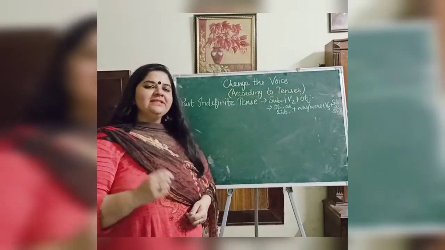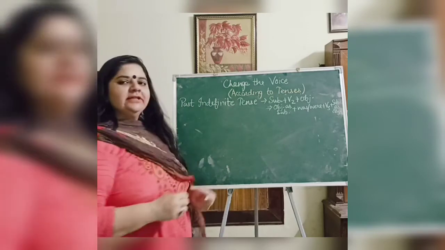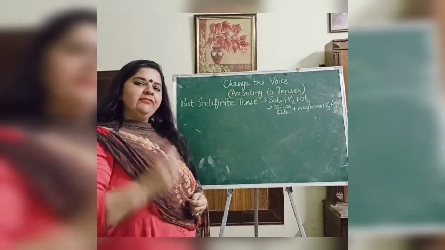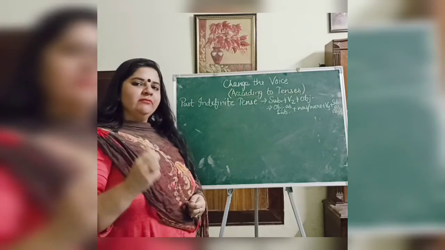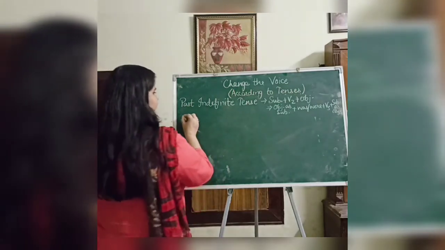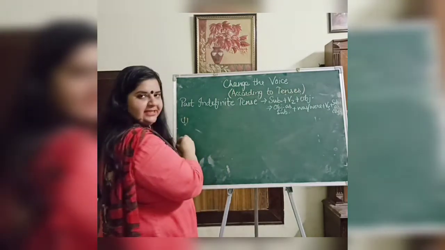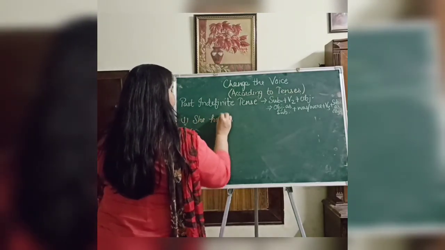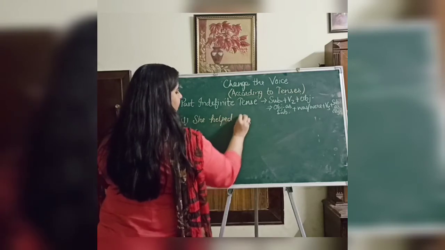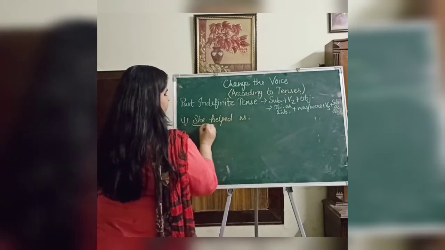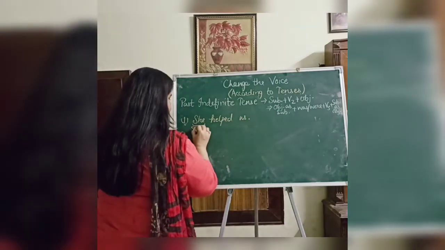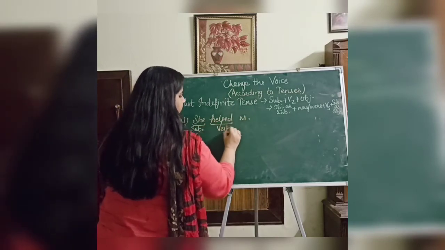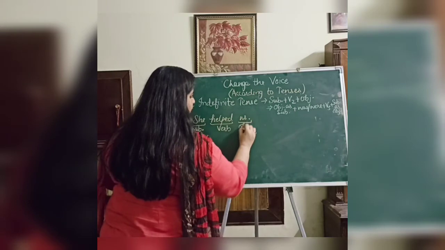Now, past indefinite tense. In case of past indefinite tense, the changes are the same but different kind of helping verbs will be used. Let's check it out. The first sentence is, she helped us. She is subject, helped is verb, and us is object.